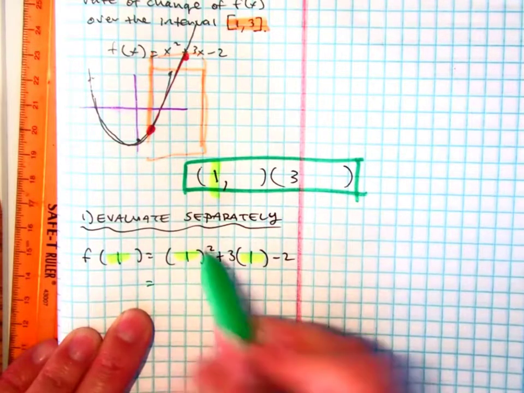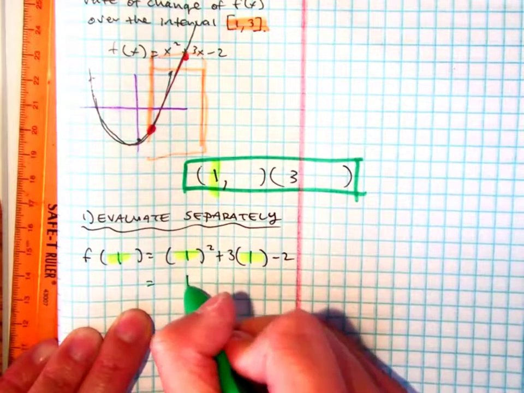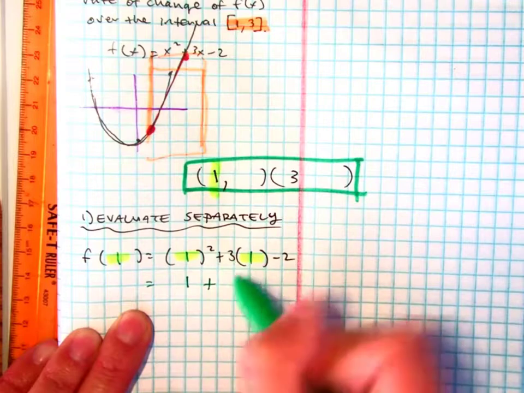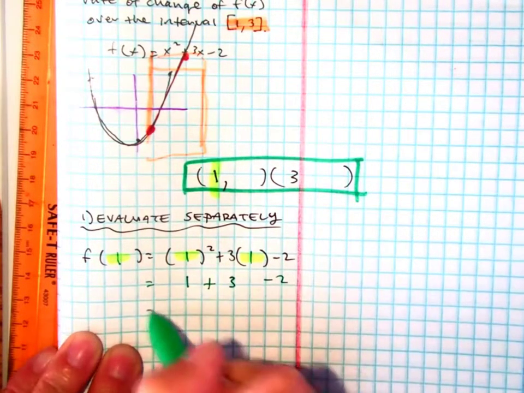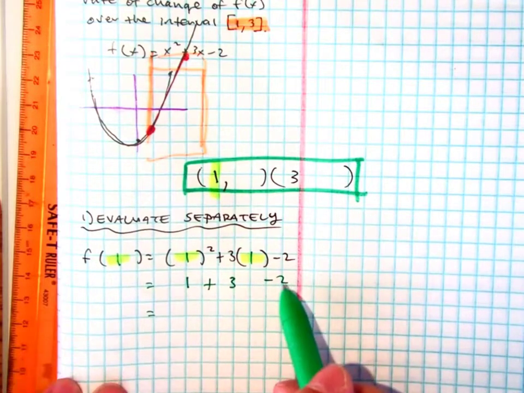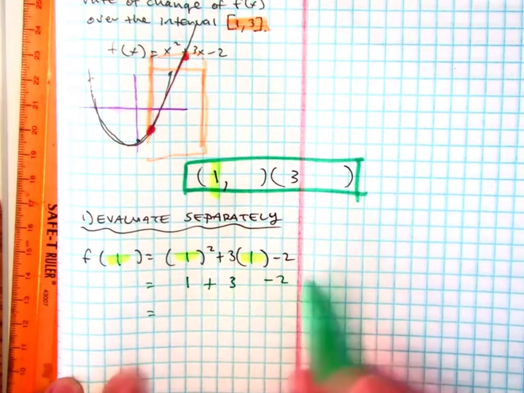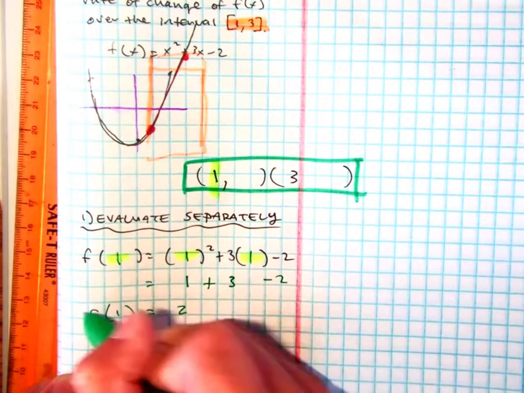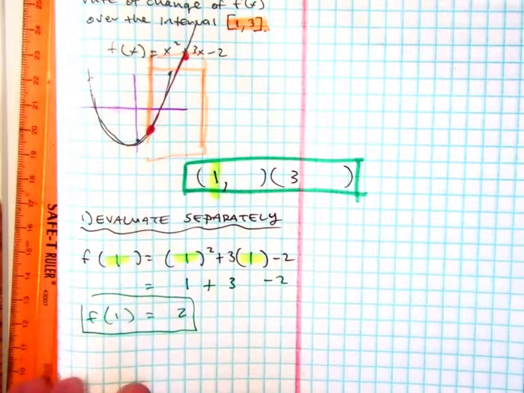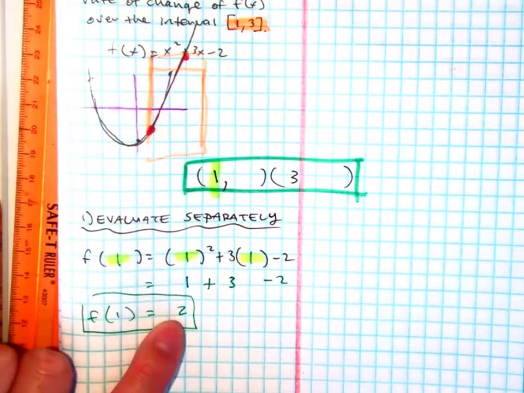Class, 1 squared is 1, 3 times 1 is 3, and I have the minus 2. 1 plus 3 is 4, and 4 minus 2 is 2. So f of 1 equals 2. My output is 2.